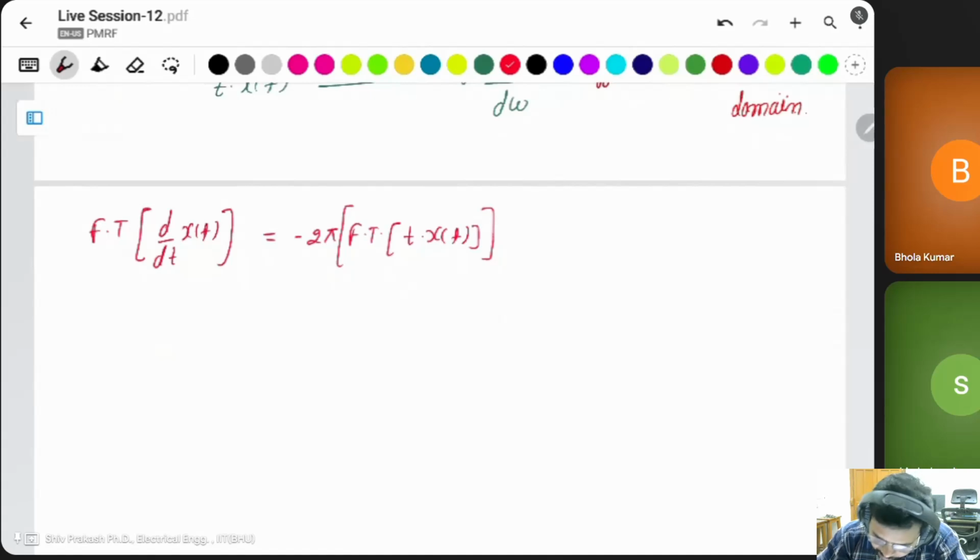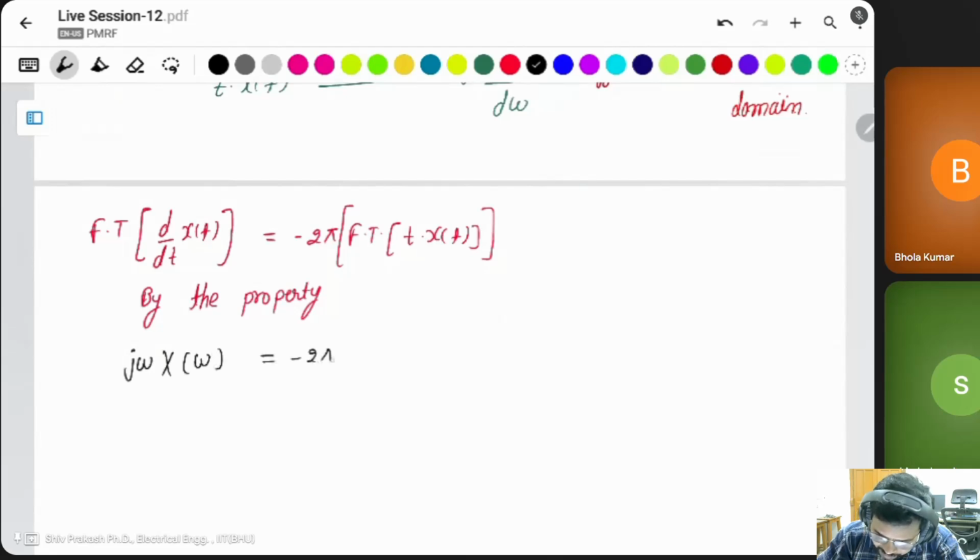By the property, this will be j omega into X(omega).